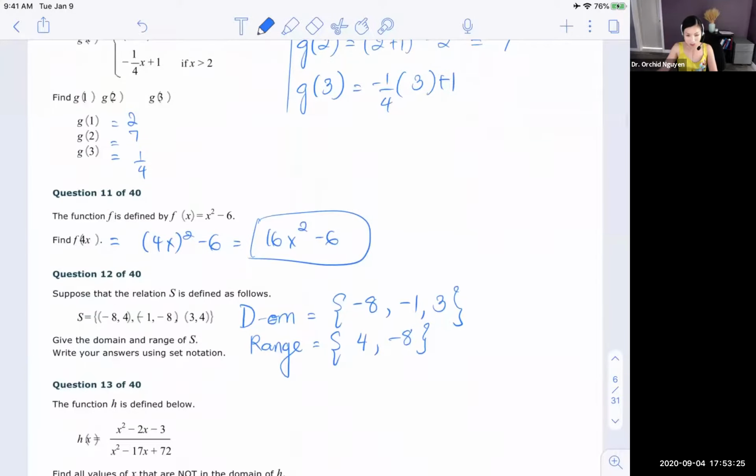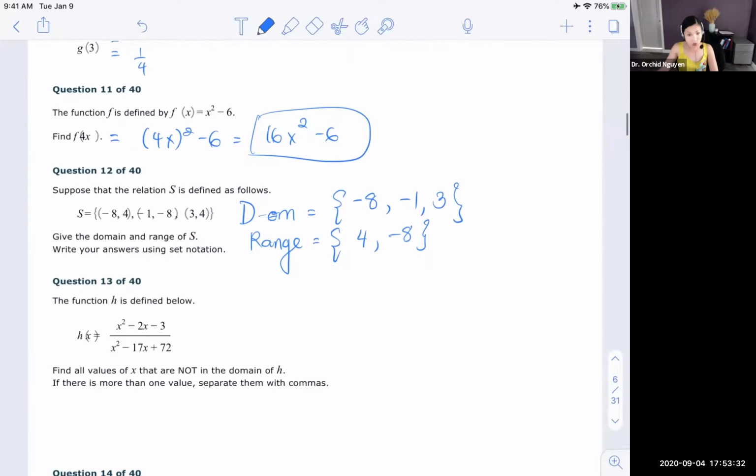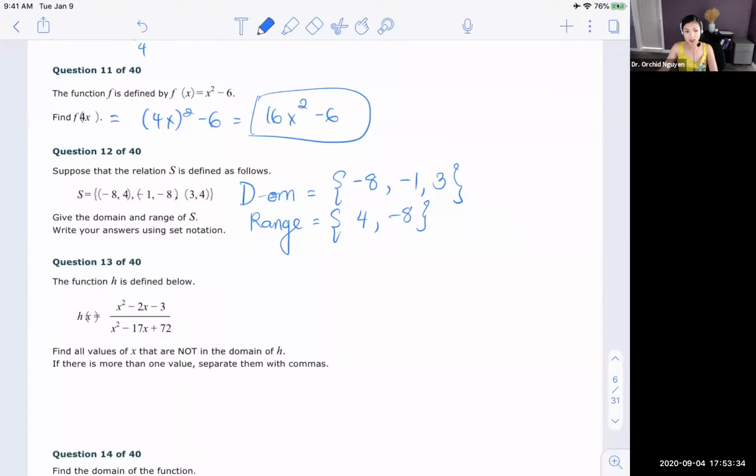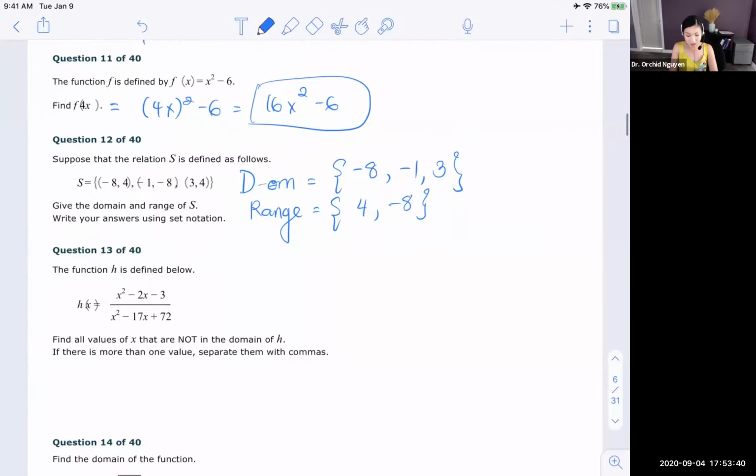Now, domain and range. Domain is x values, range is y values. Domain is very important when it comes to rational function. So I want to do number 13 with you, because we have to find all the values of x that are not in the domain. So we have to find the bad values. What are the bad values for rational?